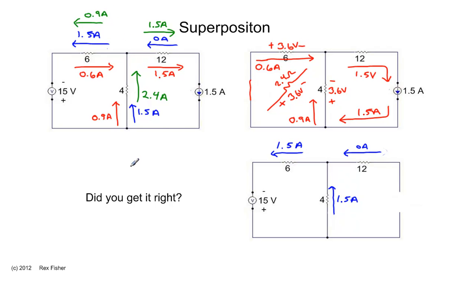Let's see if this makes sense with Kirchhoff's current law. We have 2.4 amps flowing into that node, 1.5 amps flows out this way, 0.9 amps flows out this way, and all the currents balance out. 2.4 minus 1.5 minus 0.9 equals 0.